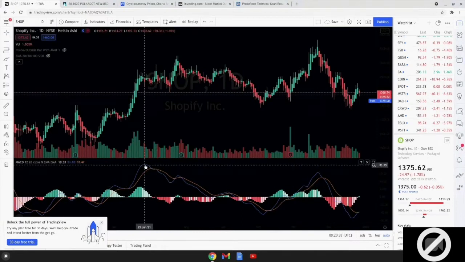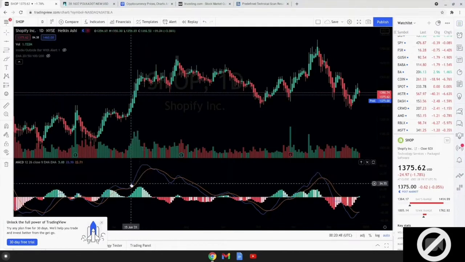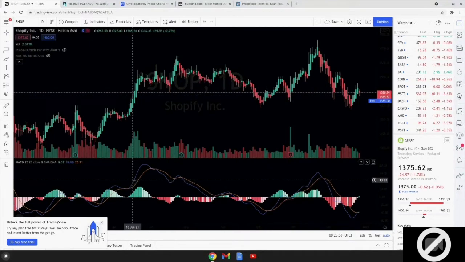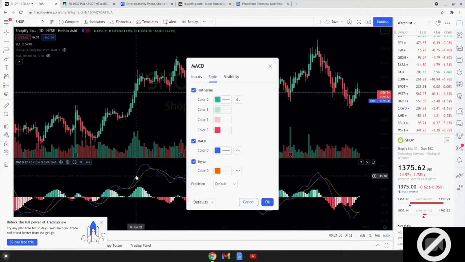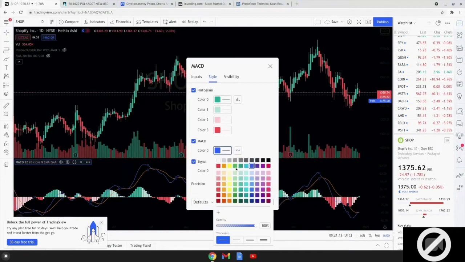I make sure I switch the colors of the MACD. So you see how it's blue and red or orange, right? So blue is when it's bullish, right? So we all know bullish and bearish is red and green. So instead of me leaving it blue, I just double click on it and I will switch it to green, okay?